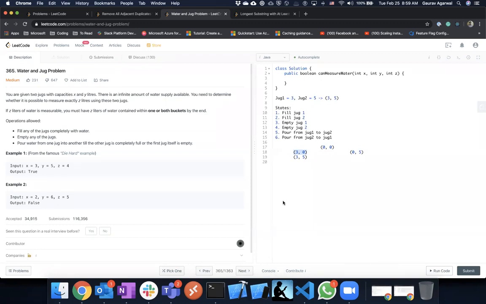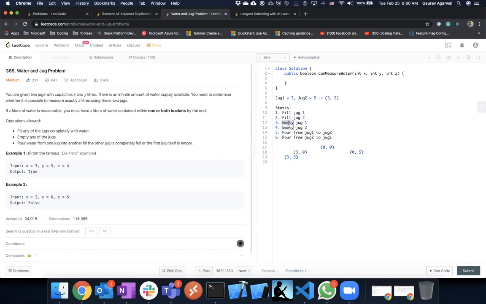For example, from 3 0, if we perform operation 1, we will reach 0 0, which is the same as what we have at the root. So this path will redirect us to the root, and we will ignore that. Now we are done with the second operation.